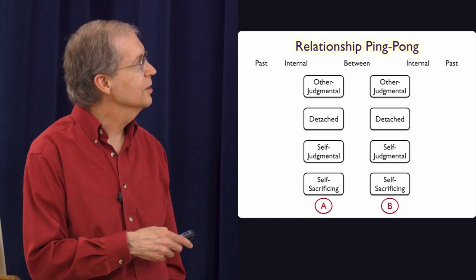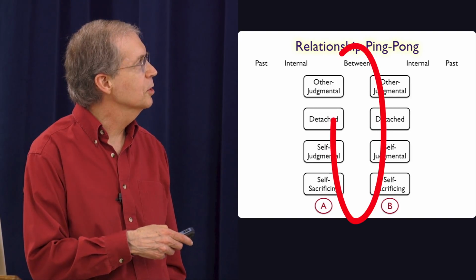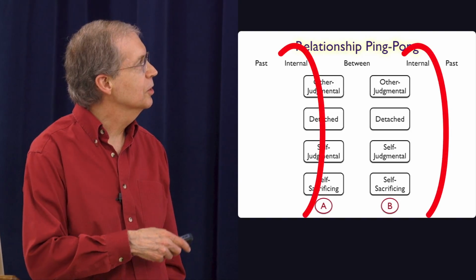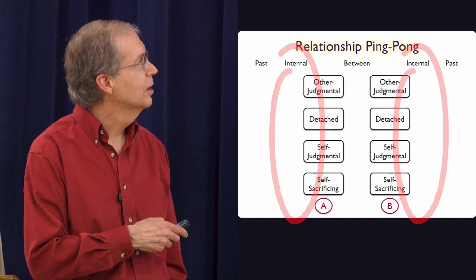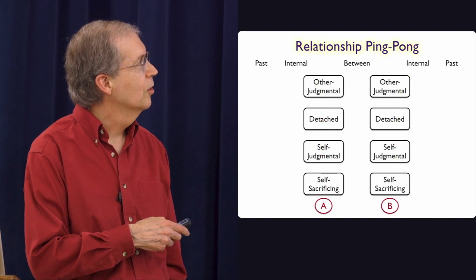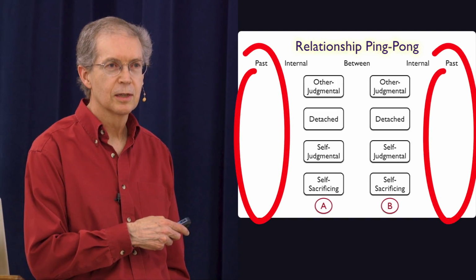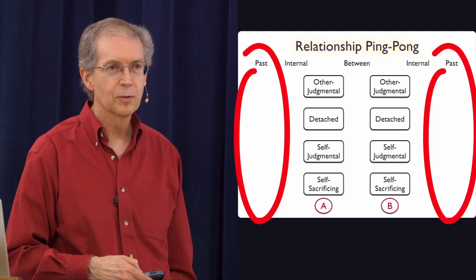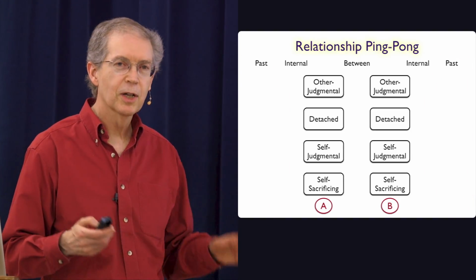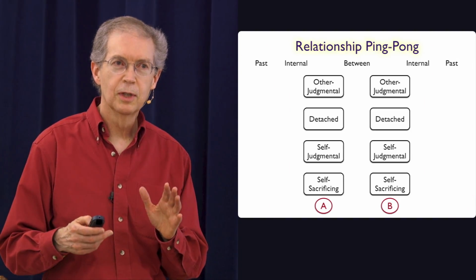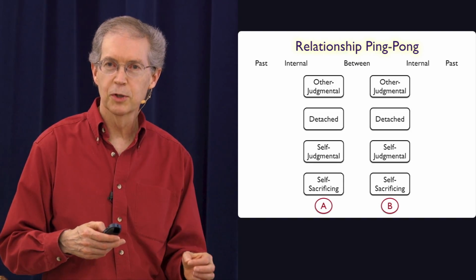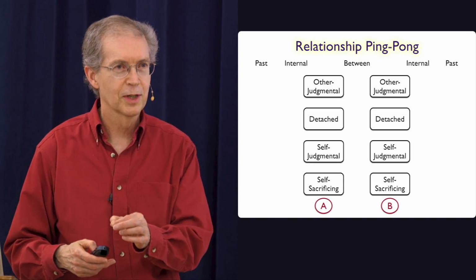And I'm going to draw some arrows about what happens between them in here. What happens inside them internally, I'll draw over here, and I'll indicate something about what it is in their past that connects with the ping pong that's going on between them. So when you have a conversation between two people, it isn't just between two people, it's between this whole host of subpersonalities in one and the host of subpersonalities in another.